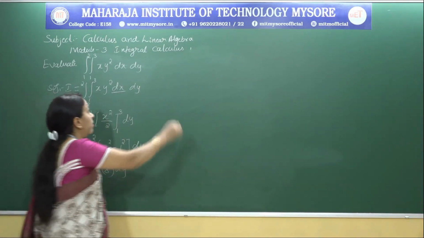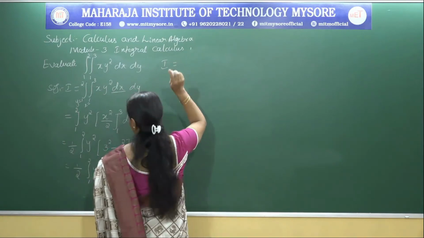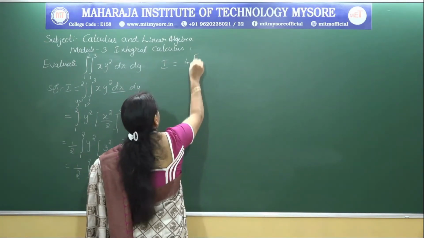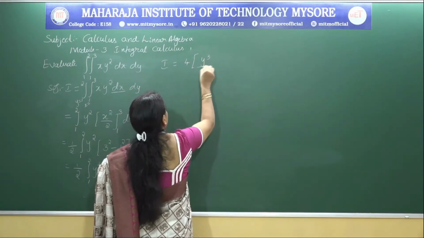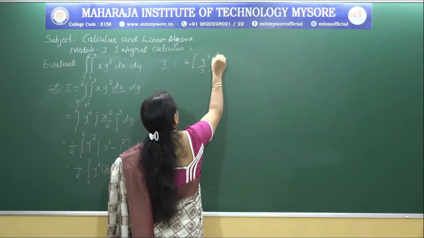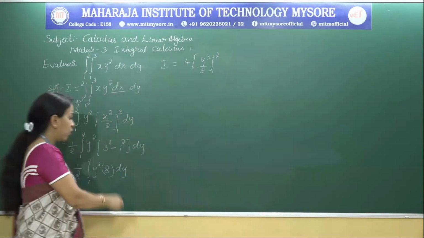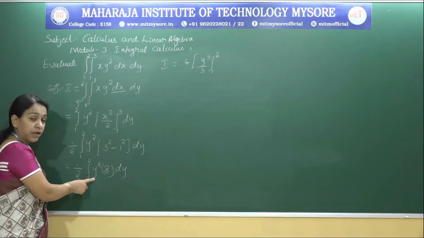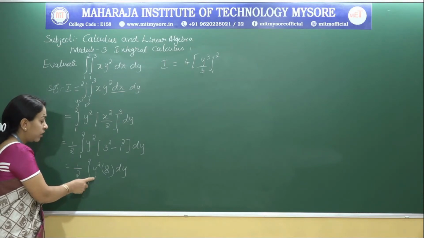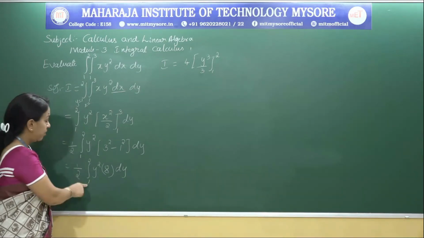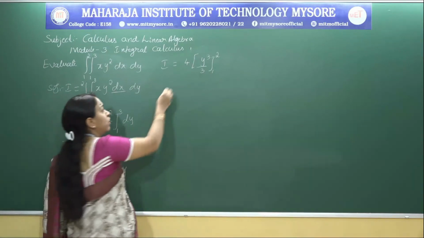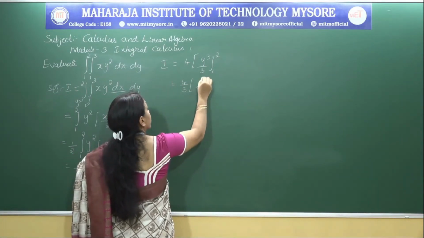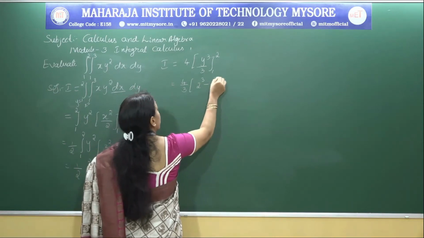Now, take out 8 common, I equal to 8 by 2, nothing but 4, integral of y square, y cube by 3 between the limit 1 to 2. I take out 8 common, then 8 by 2 is nothing but 4 and I integrate the function y square. Integral of y square is y cube by 3 between the limit 1 to 2. Now, 4 by 3 constant and we are left with 2 cube minus 1 cube.